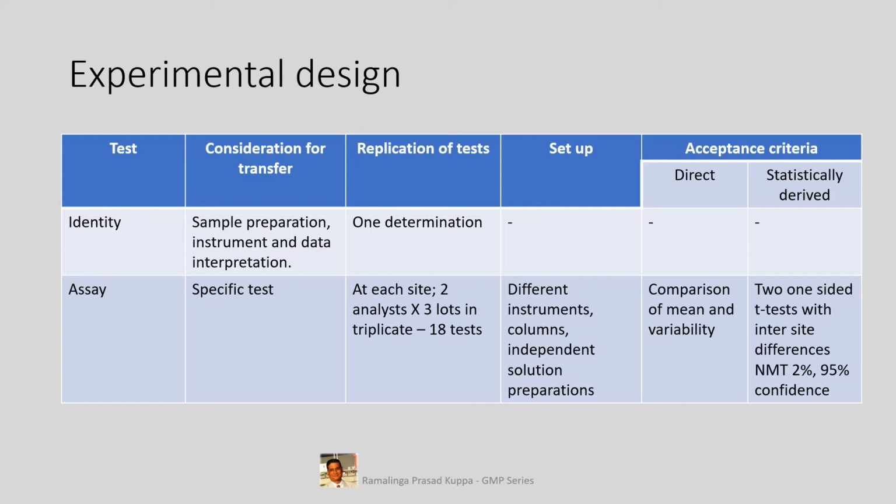Statistical evaluation should cover the t-test with a specification of not more than 2% and 95% confidence. The numerical limits in the statistical evaluation are arbitrary and can be revised as justified. You may have to try a couple of examples to get into the t-test and 95% confidence procedures.